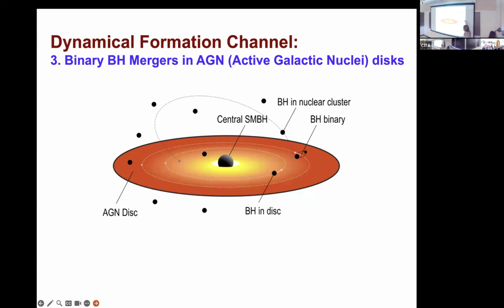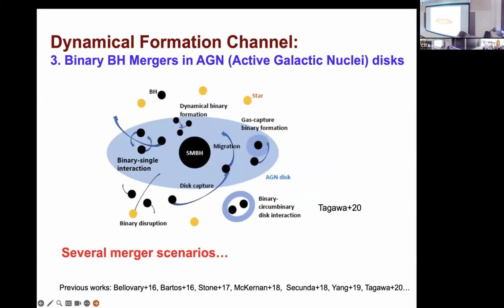Moreover, you could have nuclear star clusters around this supermassive black hole, and some of the stars will be captured by the AGN disk, and therefore also become individual black holes. So you could have a possibility of black hole mergers inside the AGN disks.